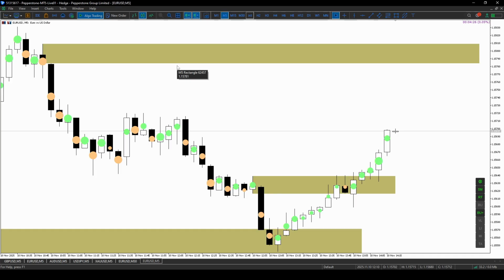So why do you have to open your position constantly when you know that you have to wait for a certain key level, right? And we can easily identify that key level using a smart volume box, right?